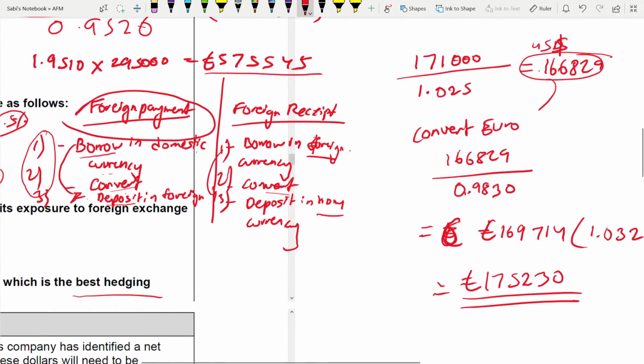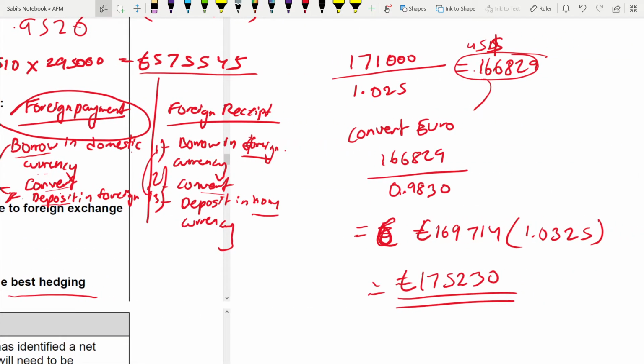Because this is a payment, you compare 175,554 versus 175,230. Whichever is lower you will take. Your money market hedging is cheaper. You have to compare these two; both are in euro. Ultimately you only compare, and everything will be in euro. So money market is cheaper than forward.